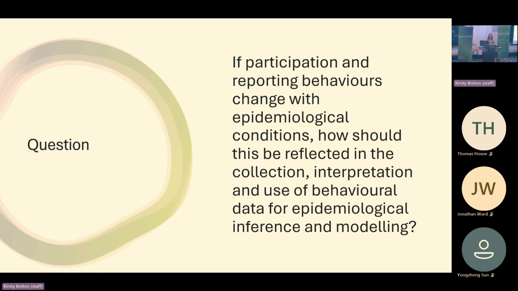So the question that I have around this is, if these participation and reporting behaviours change with epidemiological conditions, how should this be reflected in the collection, interpretation and use of behavioural data for epidemiological inference and modelling? And I was also thinking about whether we want to include this in some way in models, but I think probably first we need to think about how this could be adjusted for before we start to add another aspect into models.